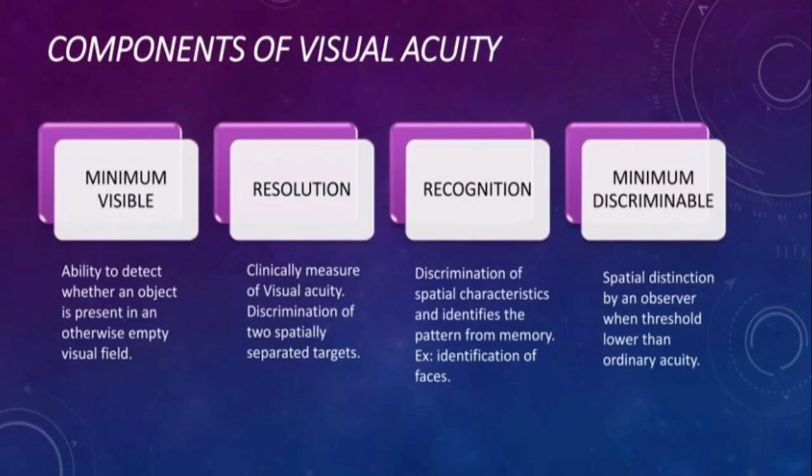Number 6, color vision, the ability to distinguish between different colors. Number 7, stereo acuity, the ability to perceive depth and three-dimensional images. Overall, these components work together to determine a person's visual acuity and the quality of their vision.